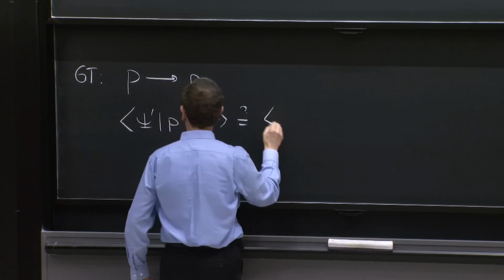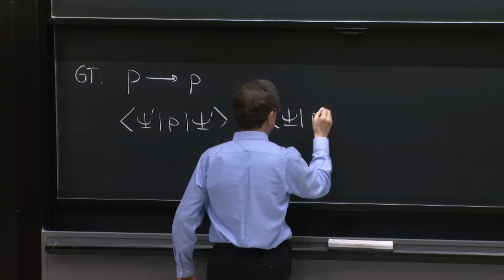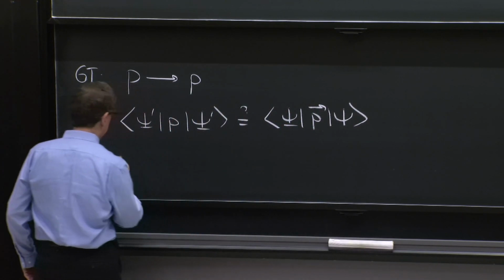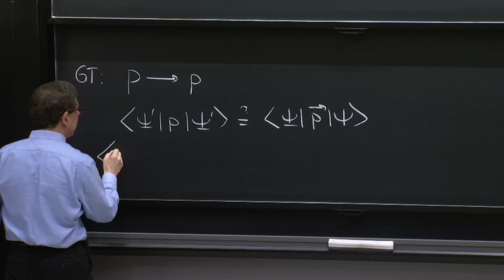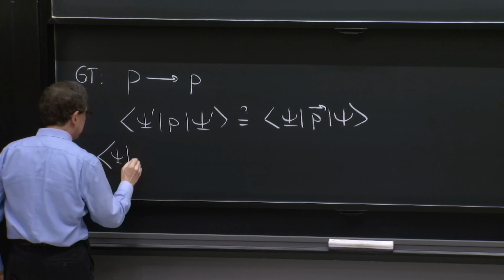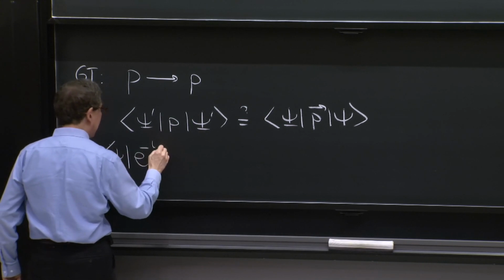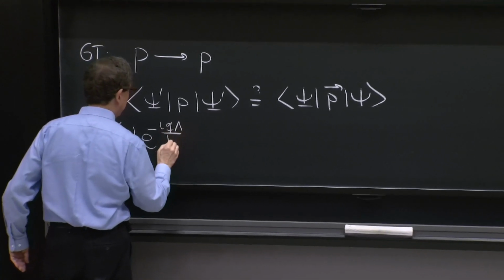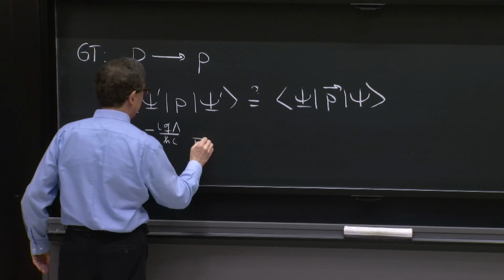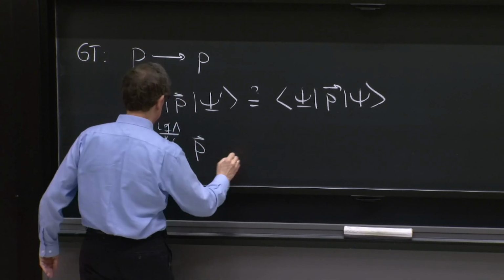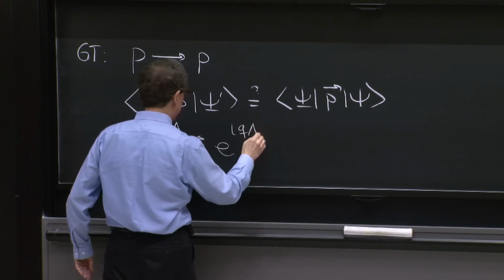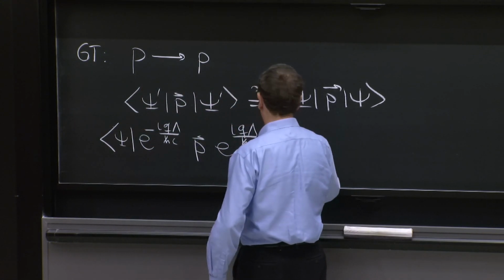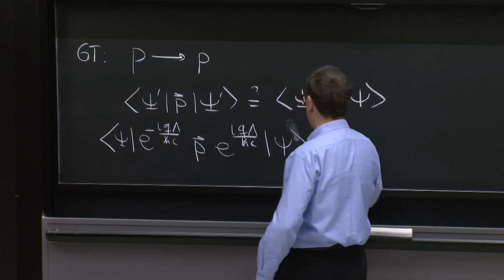Is it equal to psi, P, psi? Well, here you have that psi prime is psi times e to the minus i q lambda over h bar c. You have P here, and e to the i q lambda over h bar c, psi.